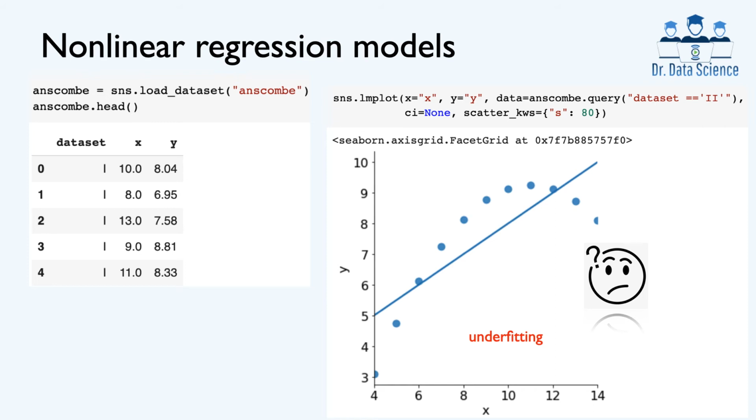So therefore, if you want to just use sns.lmplot the way that we used before, we see that we will find a line that will go through the data, but obviously this line doesn't explain the data very well. And this is problematic, and that's something that in machine learning we call underfitting, meaning that the training model that we have doesn't capture the underlying structure of the data. So the question here is how we can fix this in a simple way.